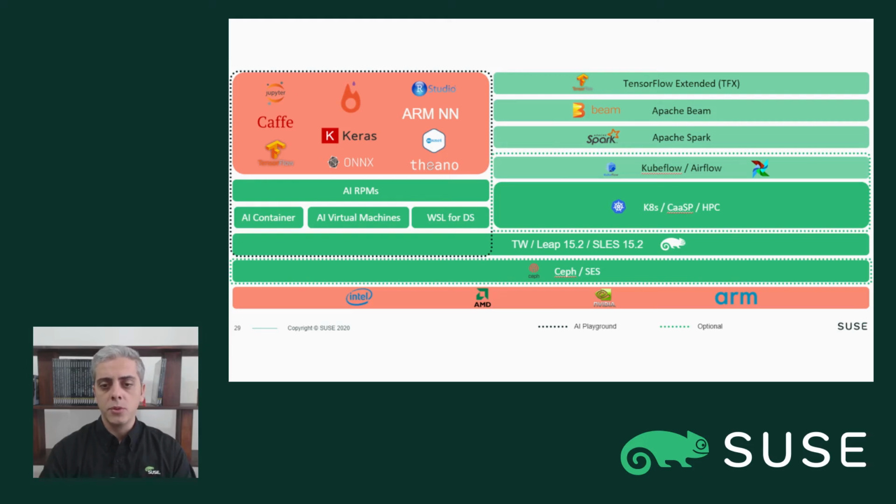Now we have the optional components of the stack, which are not just helping to scale out the workloads, but also to enrich and manage the machine learning pipeline. The first is Apache Airflow, which is a platform to programmatically author, schedule, and monitor workflows.